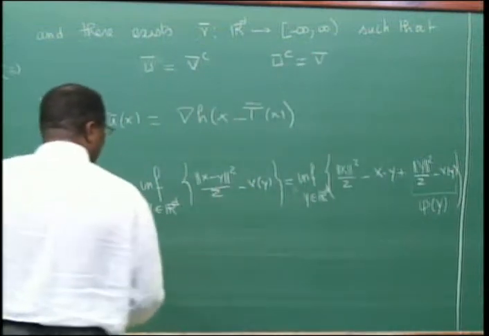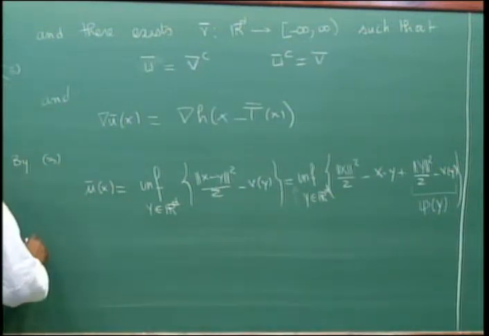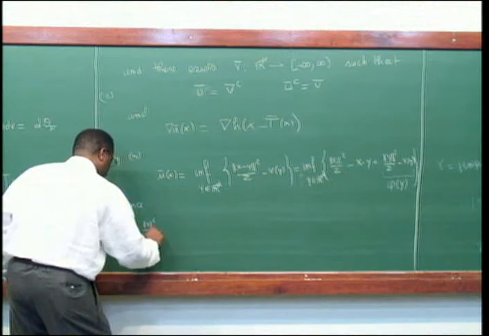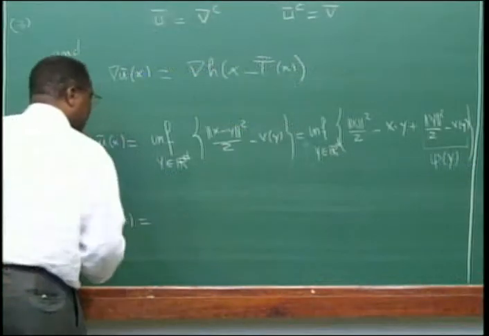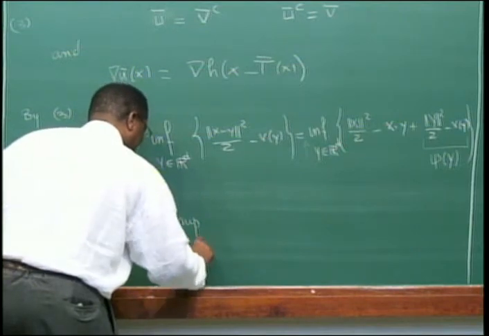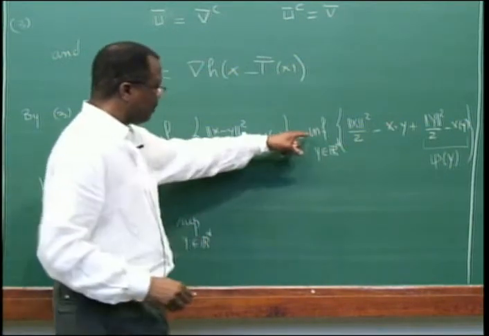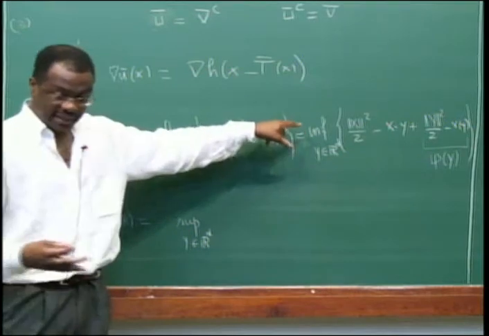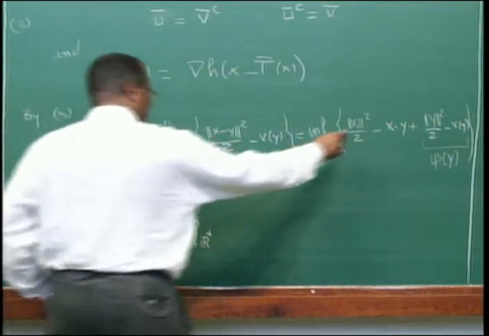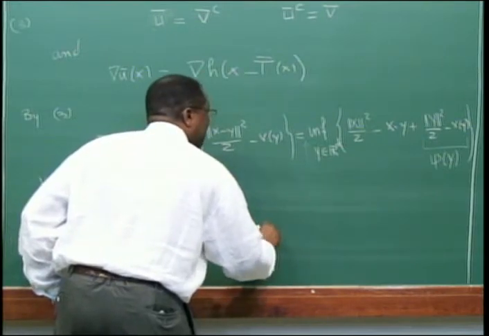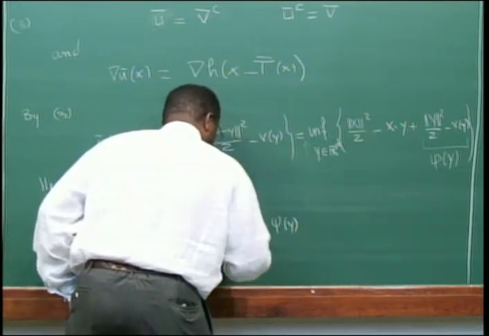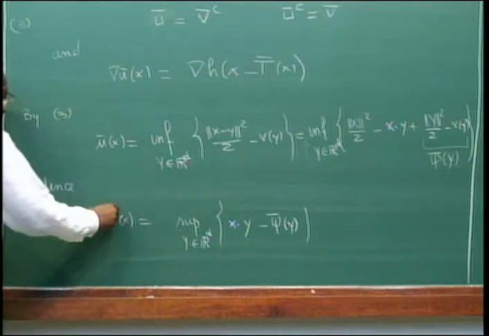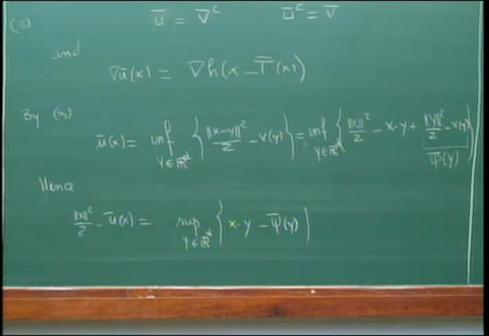So what I see is that |x|^2 over 2 minus u bar of x is the supremum over y in R^d of x·y minus psi of y, because when I multiply the infimum by negative, it becomes a supremum, and this becomes a plus. This is what I have.